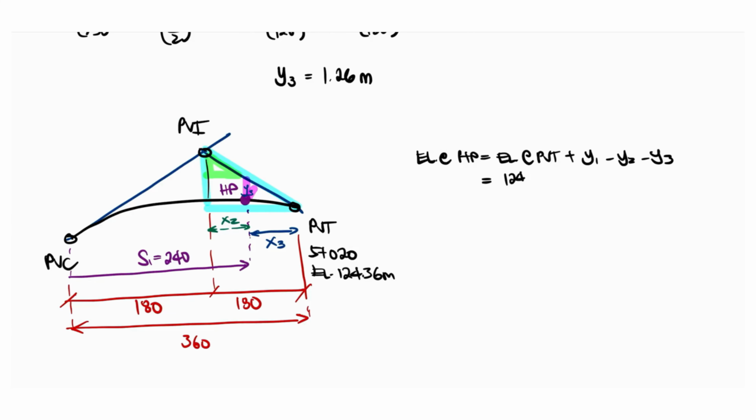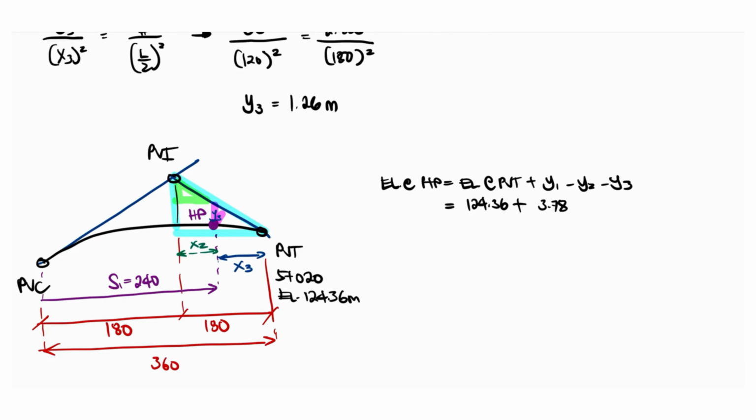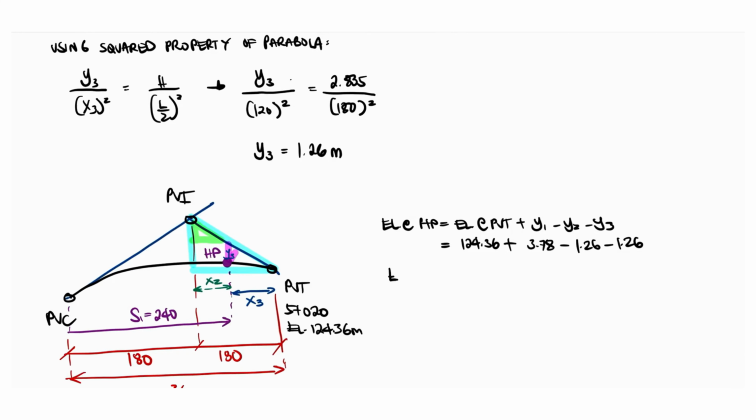Substituting the given values, we have 124.36 plus 3.78 minus 1.26 minus 1.26. This results in an elevation of 125.62 meters. Therefore, the elevation of the highest point of the curve is 125.62 meters.